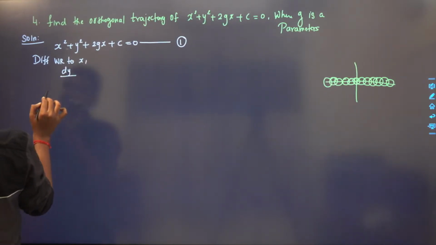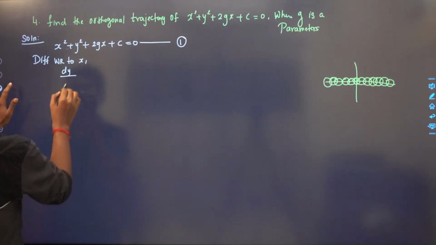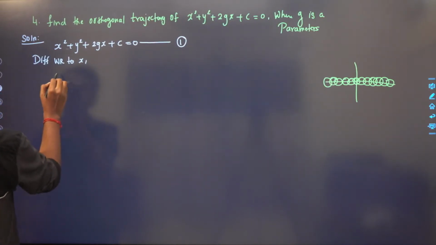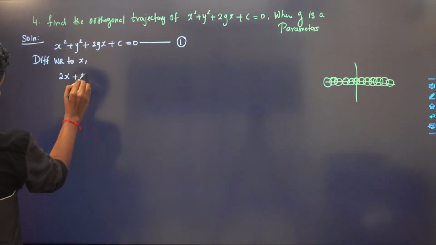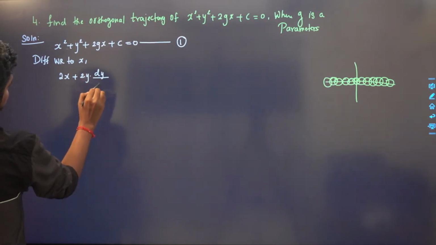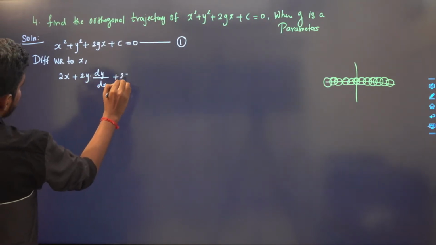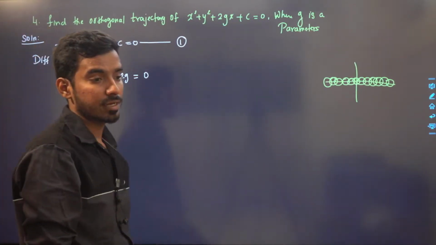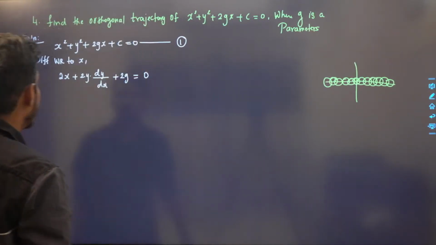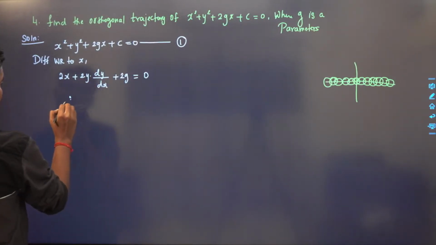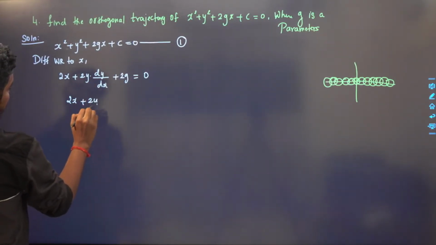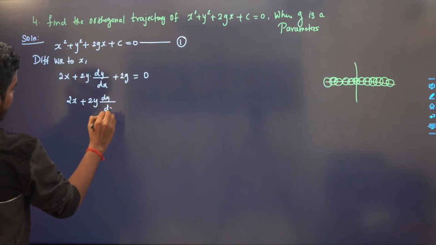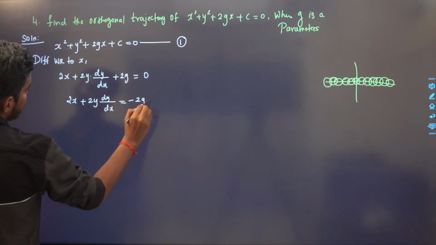So we have 2x plus 2y dy by dx plus 2g is equal to 0, right? The derivative of x is 1, the derivative of c is 0, c is a constant here. So we have 2x plus 2y dy by dx is equal to minus 2g.